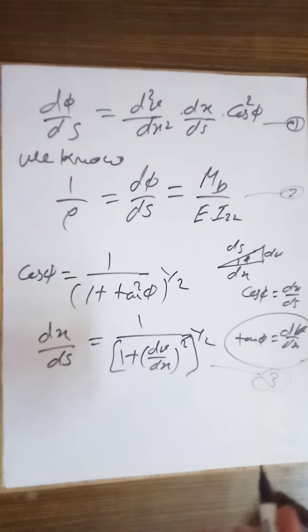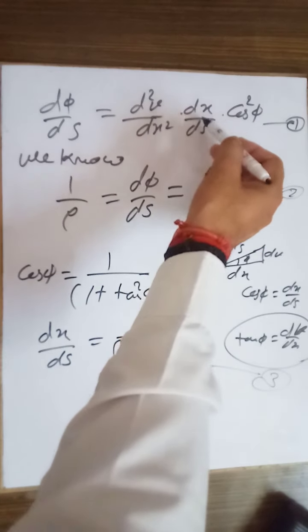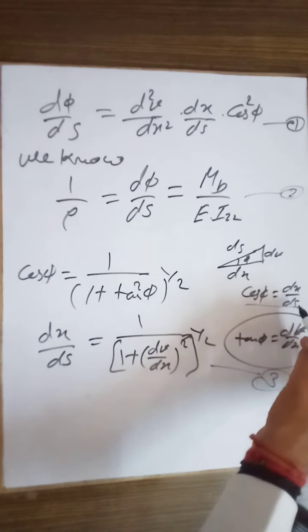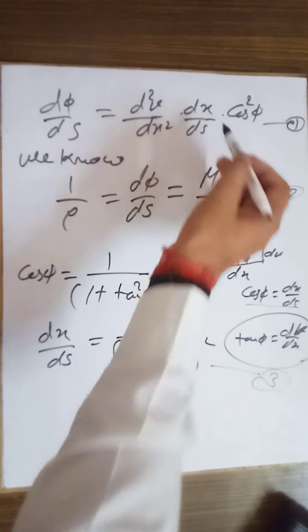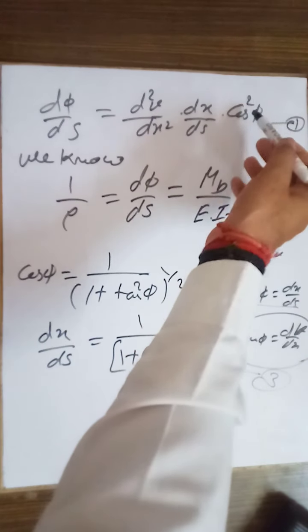So if I want to simplify this equation more, here this term is dx by ds. So the value of this cos phi we have found. Here in this equation again, if we put the value of this ds by dx, it will be cos cube phi.